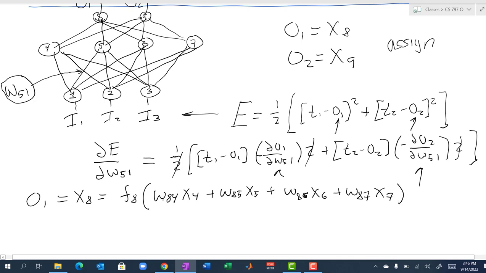Okay, so that's all of the inputs going to neuron 8. We've got the output from 4, the output from 5, the output from 6, and the output from 7 times the respective weights.